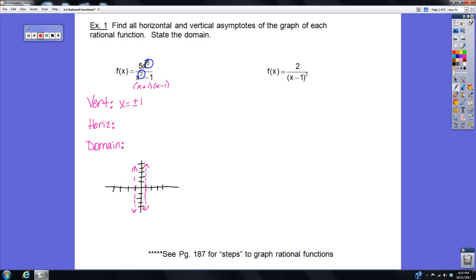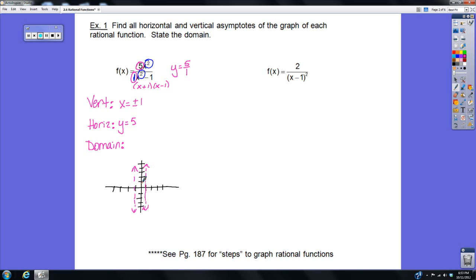So the coefficient of my numerator is 5, and the coefficient of my denominator is this invisible 1. So my horizontal asymptote will be y equals 5 over 1, which is 5.